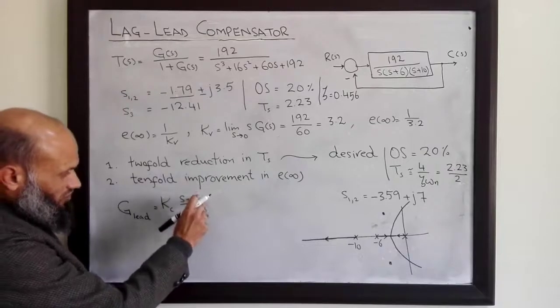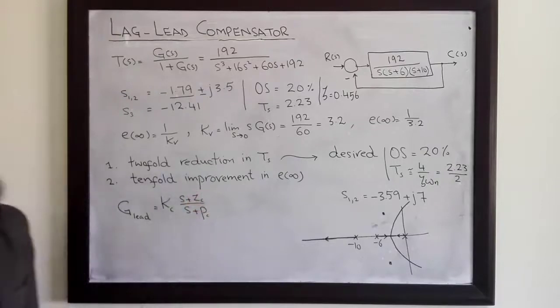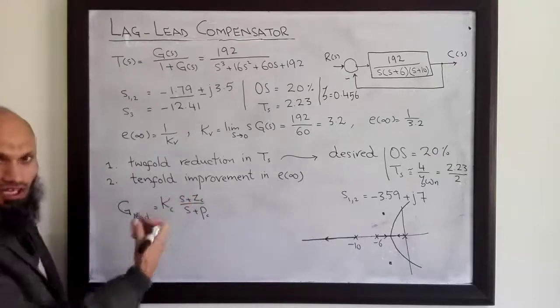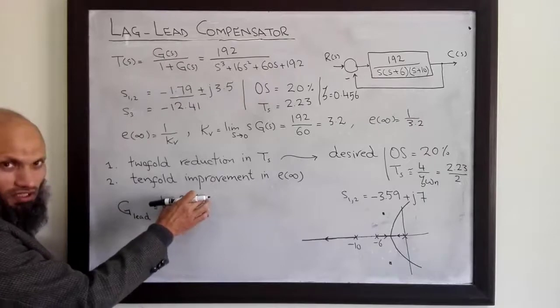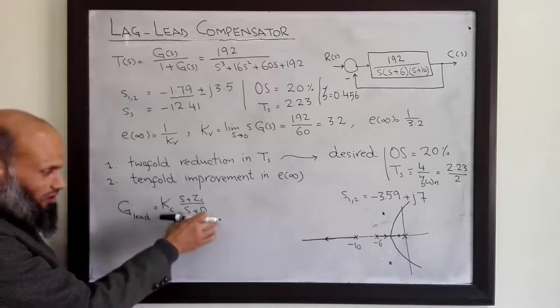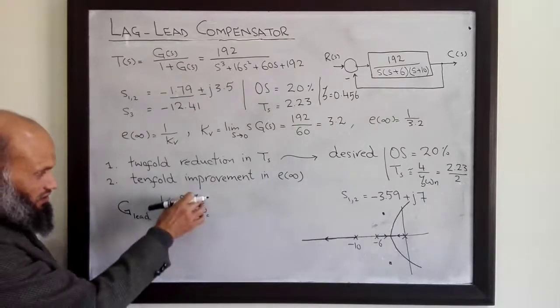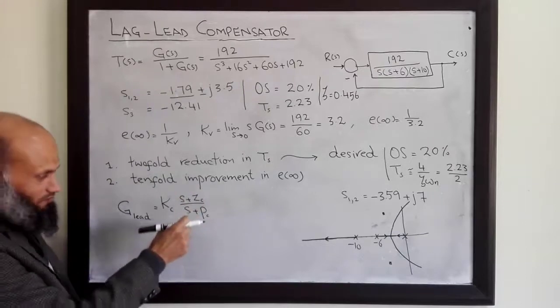There are infinitely many different choices which will fulfill the requirement. So what we do is we arbitrarily place one of these, either the zero or the pole, and then determine the location of the other.